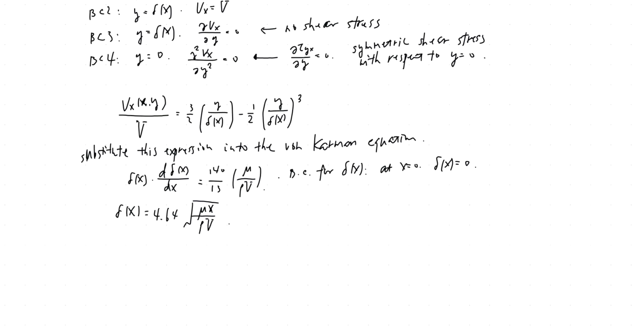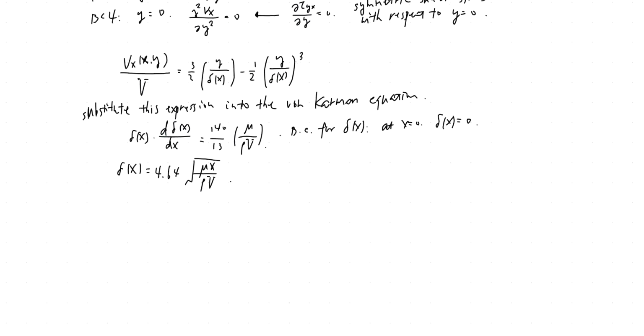Okay, now once we have delta x, we also know everything about the velocity profile. Then we get what we want. So it's important to know that it is a function of x. It depends on how far the flow has moved down the plate.